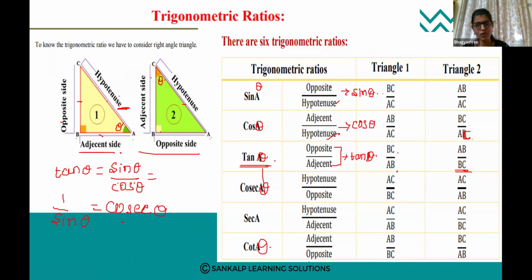Cosecant theta, as a short form, we say cosec theta. 1 divided by sin theta is equal to cosec theta.